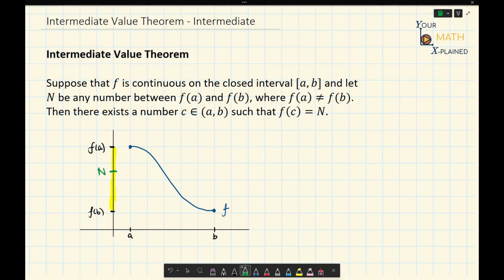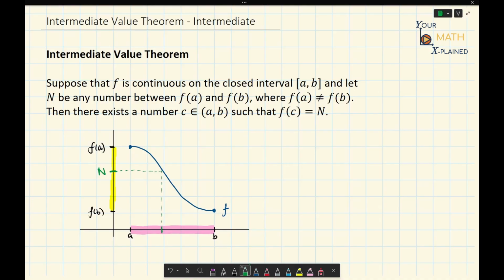Then what the Intermediate Value Theorem says is that there has to exist a number c in between a and b, so meaning c is going to be in the open interval (a, b), such that f(c) is equal to n. So in this particular case, we can see that c is going to be right over here.